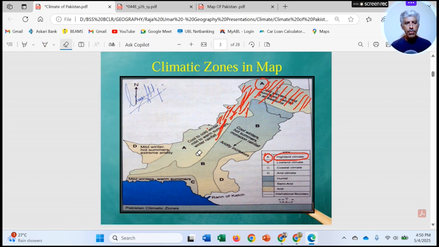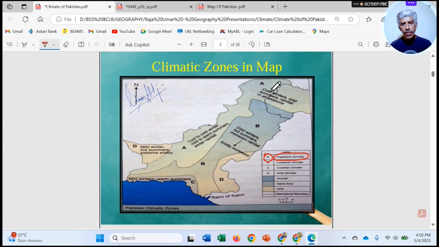Now if we move towards the characteristics of that climate, what sort of climate is there in that region? Very cold winters, mild summers, I mean pleasant summers, and rainfall in all seasons, I mean in the mountainous region all the year through.